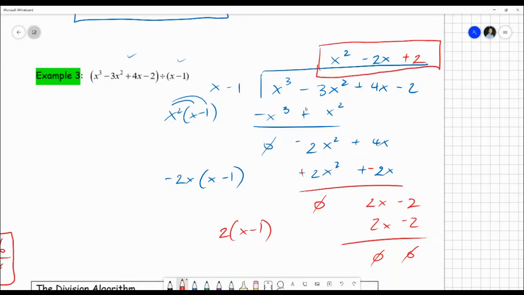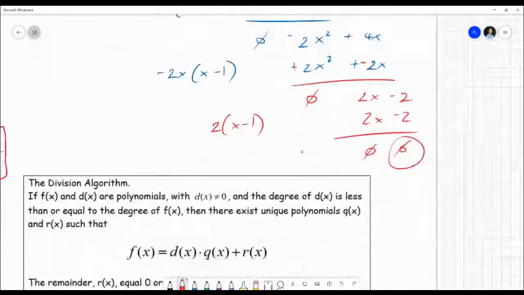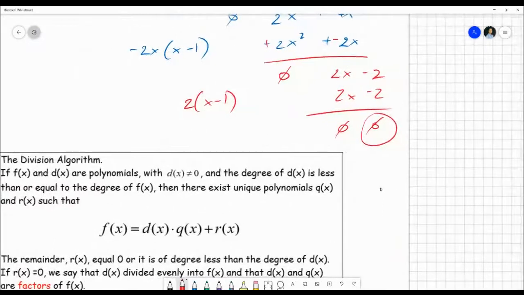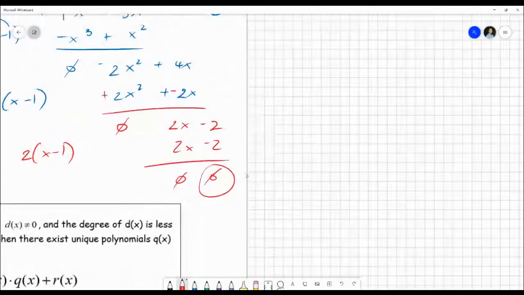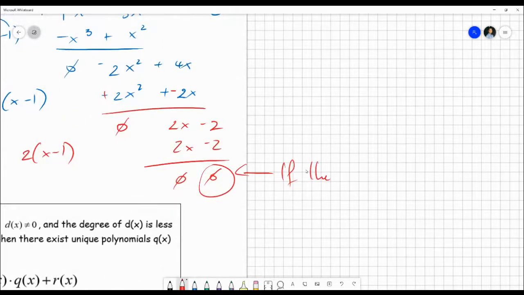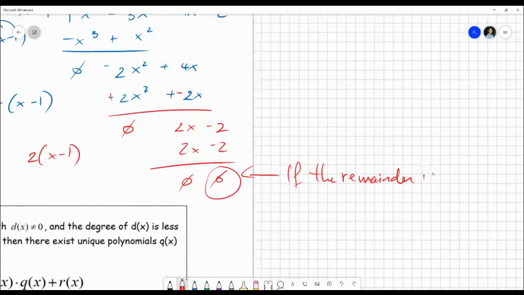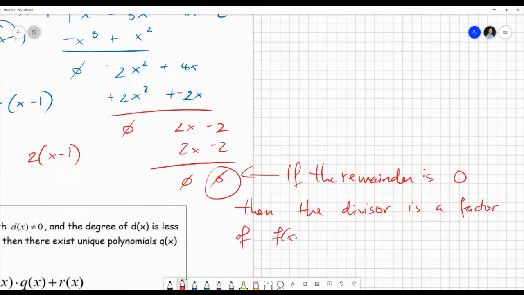No remainder. So that actually tells us something if the remainder is 0. Okay, I'll tell you this now, but we're going to go over it formally later on. So if the remainder is 0, then the divisor is a factor of f of x.